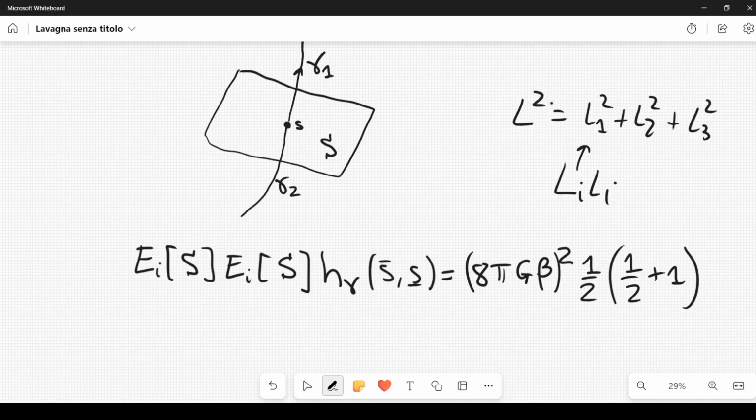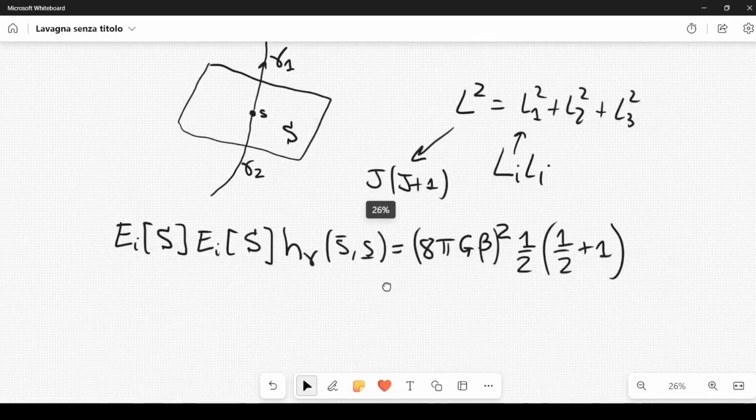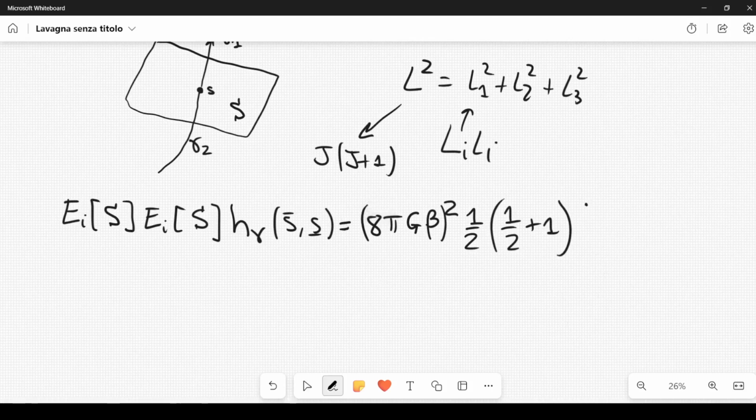So it's angular momentum squared. And the eigenvalues of angular momentum squared, when we consider spin equal to 1/2, are exactly like this. Or in general, they are written in the form j times j plus 1, where j is the spin. In this case, we have 1/2. We'll get back to that. And then here on the right, we still have the holonomy H_γ of S overlined, S underlined, like this.